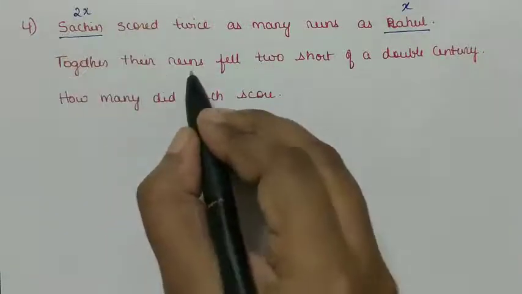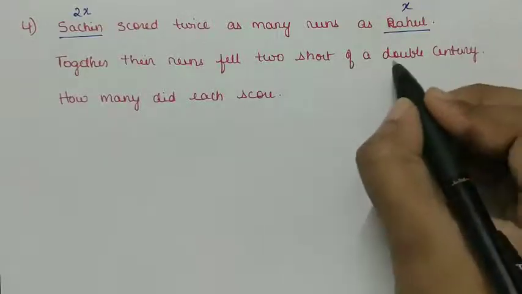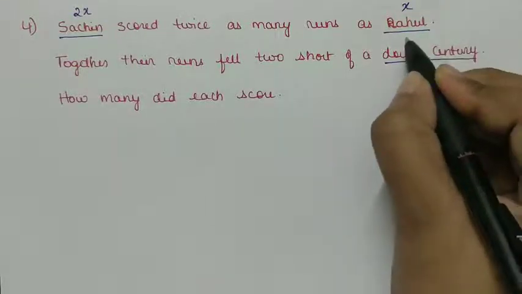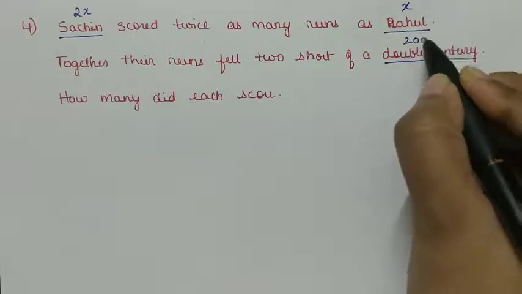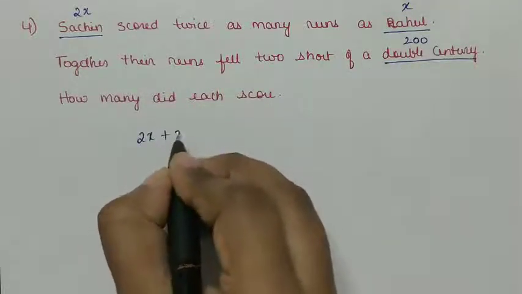Together their runs fell 2 short of a double century. Double century means 200. Together means 2x plus x.